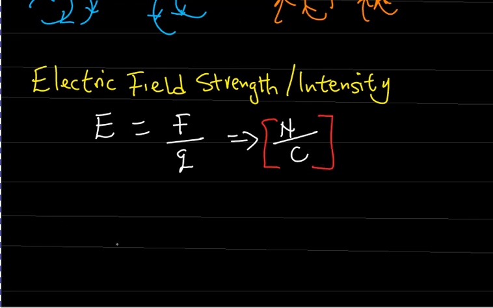Then we can also express the formula in terms of force. We know that force is equal to kQ1Q2. Since we are dealing with just Q, let's say the charges are of the same magnitude, Q1Q2 is Q times Q, which is Q squared, divided by R squared.